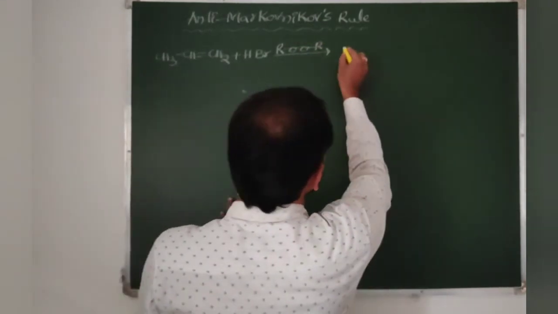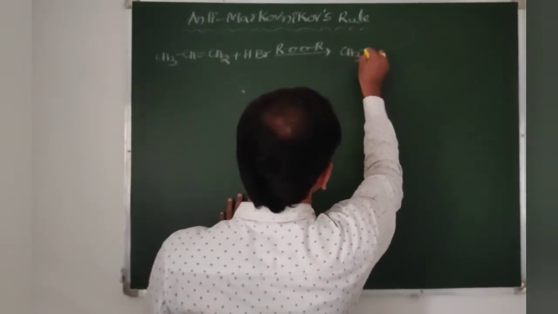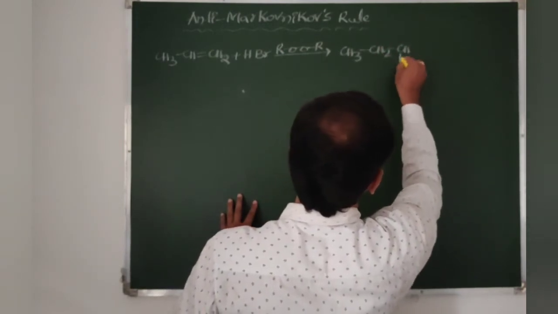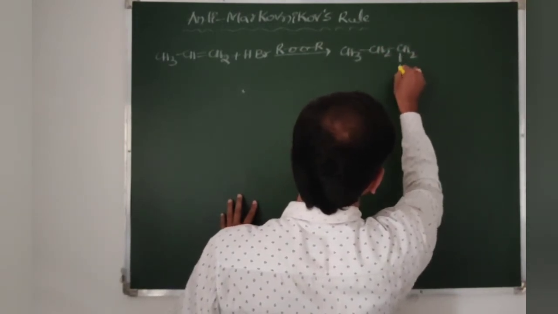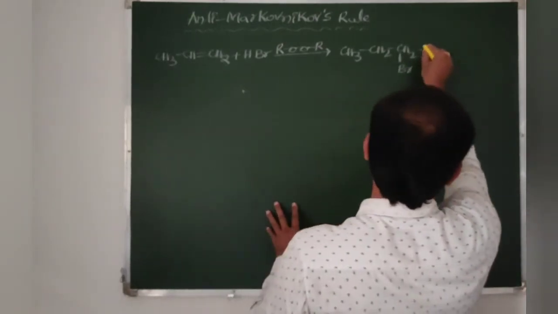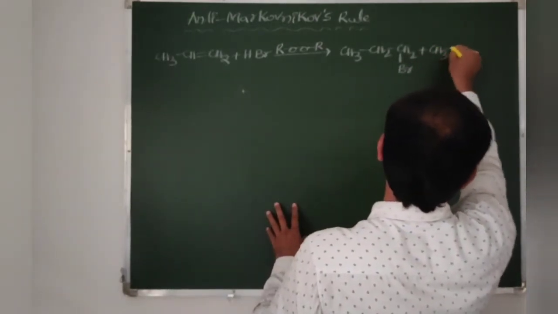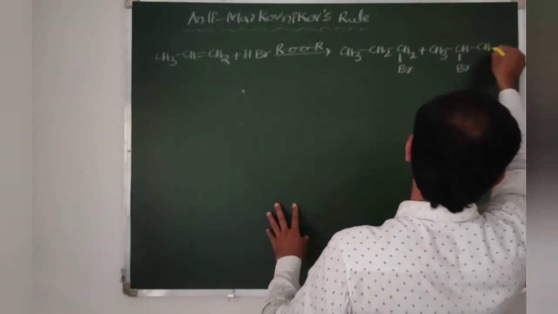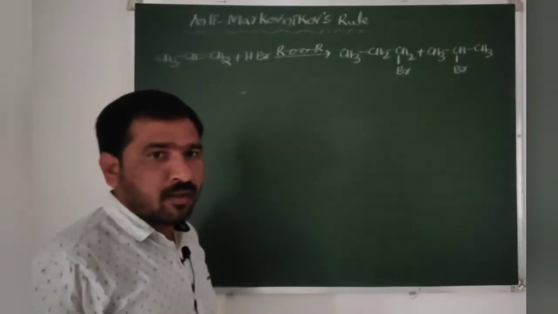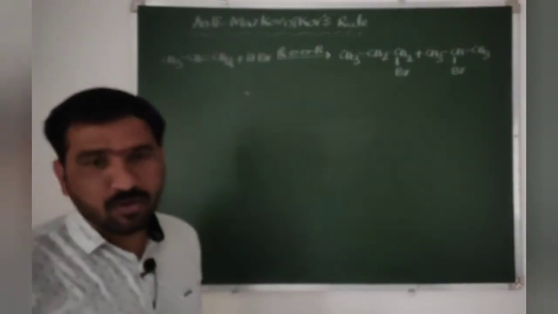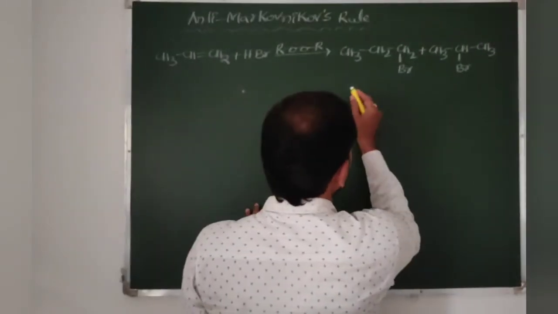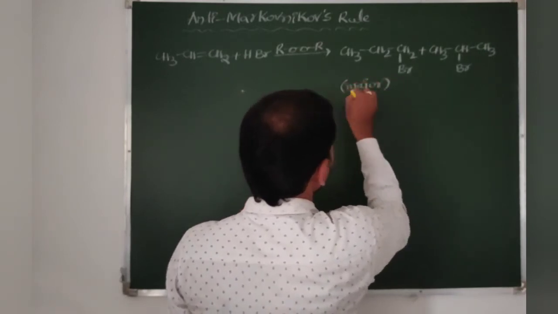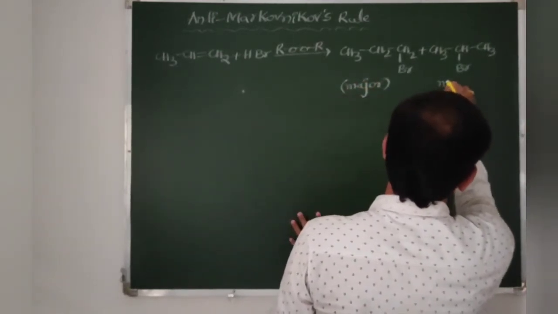Okay, then it results two compounds: CH3 CH2 CH2Br, right. Second one is CH3 CHBr CH3. According to anti-Markovnikov rule, first product is major one. Okay, second product is minor one.